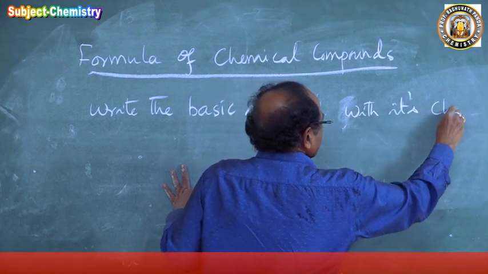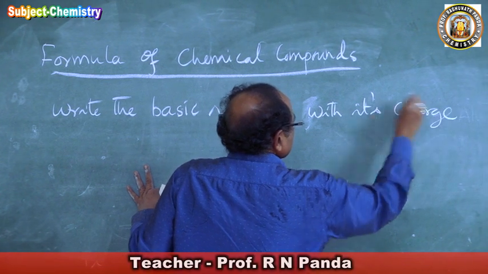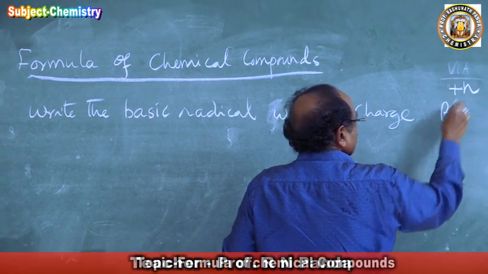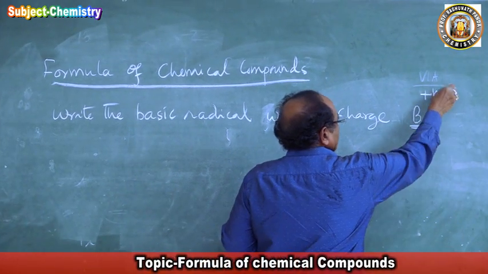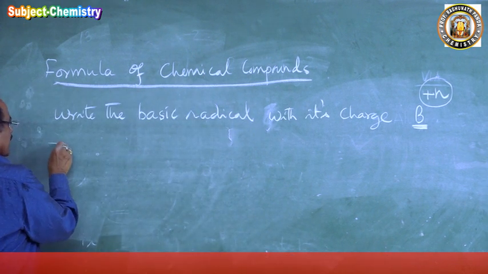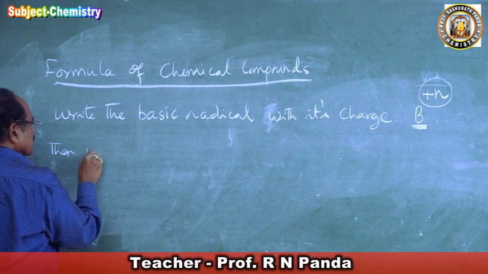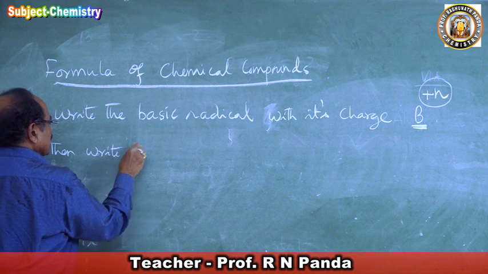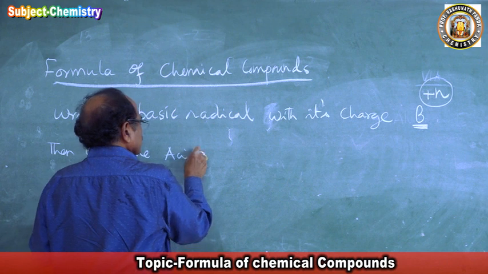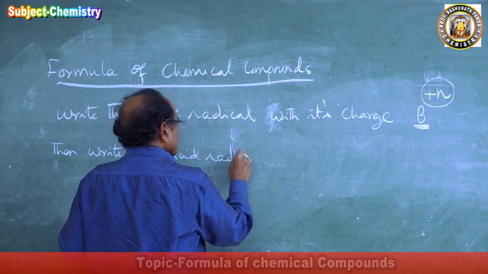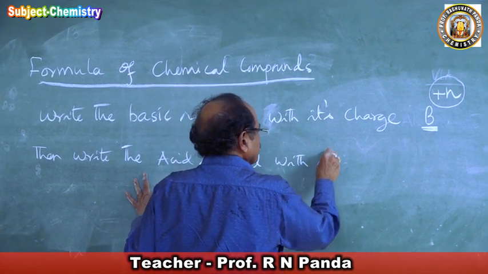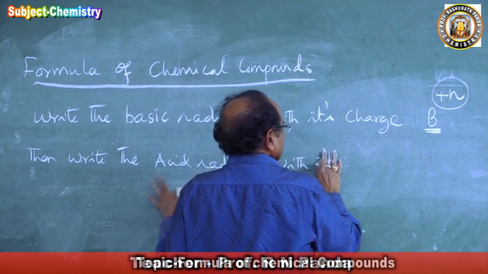That is B plus N: B is the basic radical and the charge is plus N. Then write the acid radical with its charge.